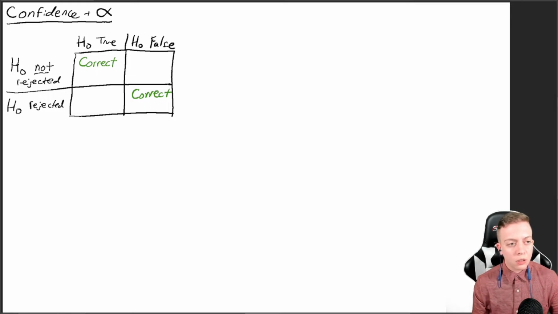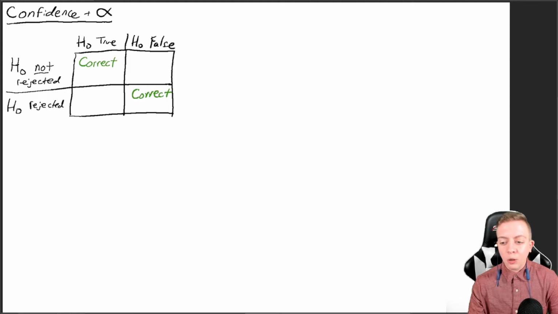So in our little 2x2 table, in the first square up here, if the null hypothesis is true and it is not rejected, that would be a correct claim, because the null is true and it is not rejected. Likewise, if the null hypothesis is false and we reject it, this is also correct. We correctly rejected a false null hypothesis.